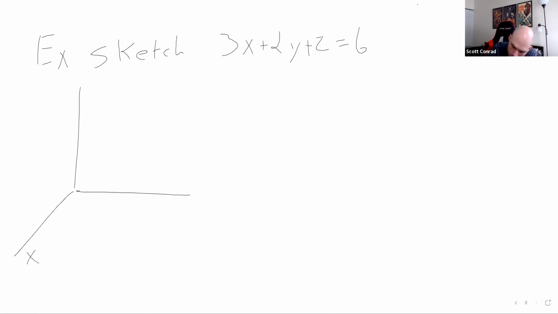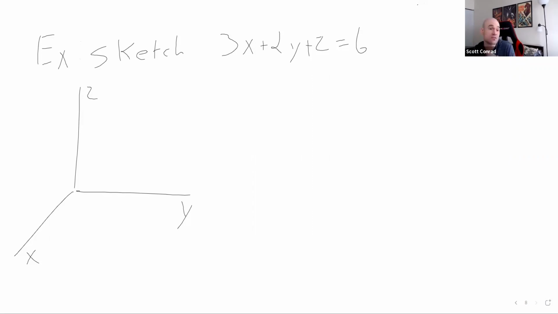So let's sketch 3x plus 2y plus z equals 6 using that method. Okay. So the coordinate axes, points on the x-axis, right?